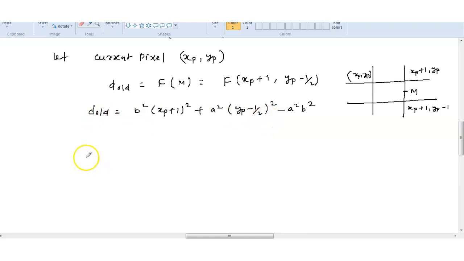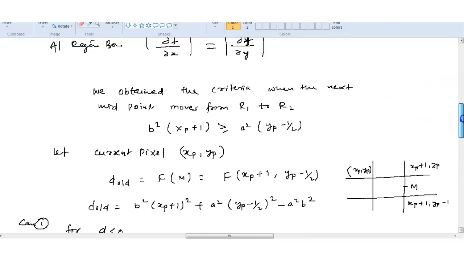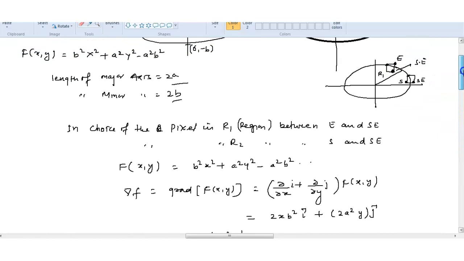So this is the old value. Now for case 1, when d is less than 0, which means the midpoint lies inside of the ellipse, we will choose the east corner, like we have chosen in the circle also.